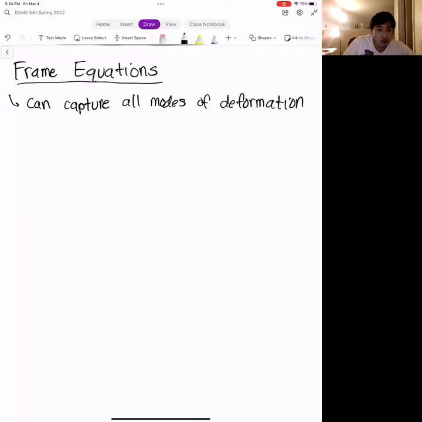Okay. And so the types of deformations that we have, let me go ahead and draw the element here. Right. So of course we have axial deformation.